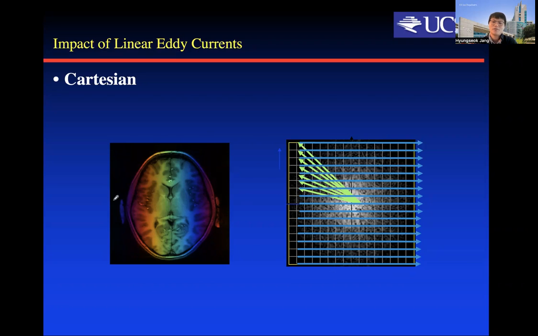But it doesn't really matter if you only care about the magnitude of your MRI signal. But if you care about the phase information for a certain MRI application, then you want to correct for that. But it's much easier to correct than in non-Cartesian imaging. You can just compensate for this group delay, right?